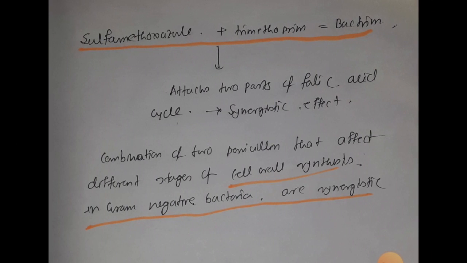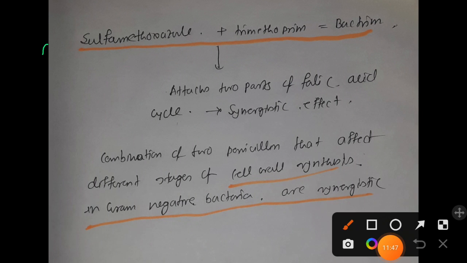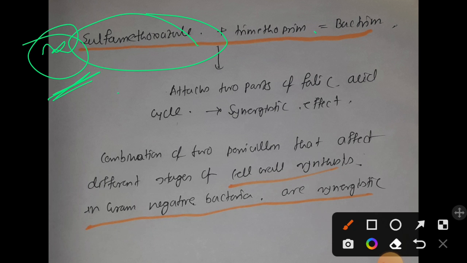Okay, so now this example we have already talked about in the folic acid pathway. Okay, that is sulfamethoxazole and trimethoprim, which are collectively called Bactrim, have the ability to inhibit two parts of the folic acid cycle. Okay, so they have a synergistic effect, right?